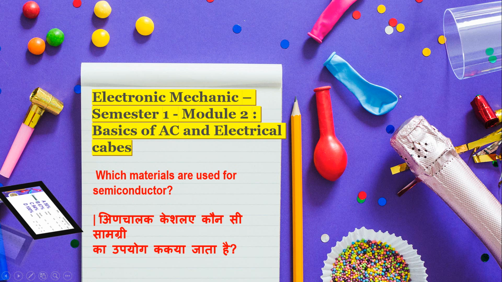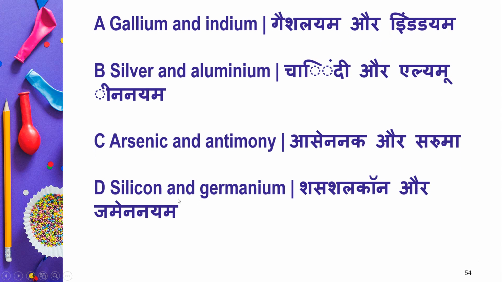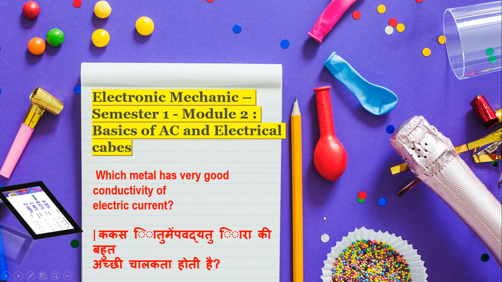Next question: which materials are used for semiconductor? We know that silicon and germanium, these two materials, are used for manufacturing semiconductors. Which metal has very good conductivity of electric current?